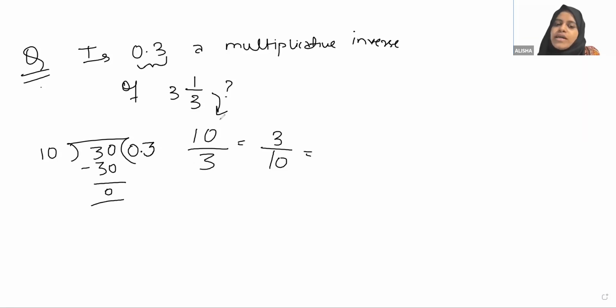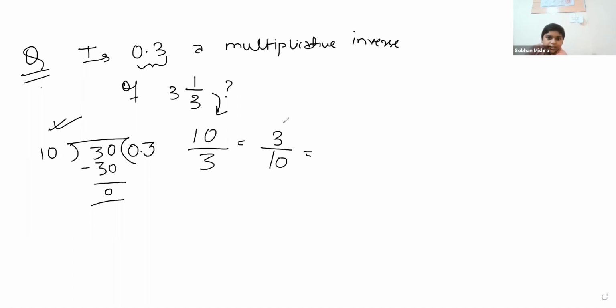Can't you calculate this 3 by 10 here only? Was it needed? Yeah, like if there were 100, it would be 0.03.